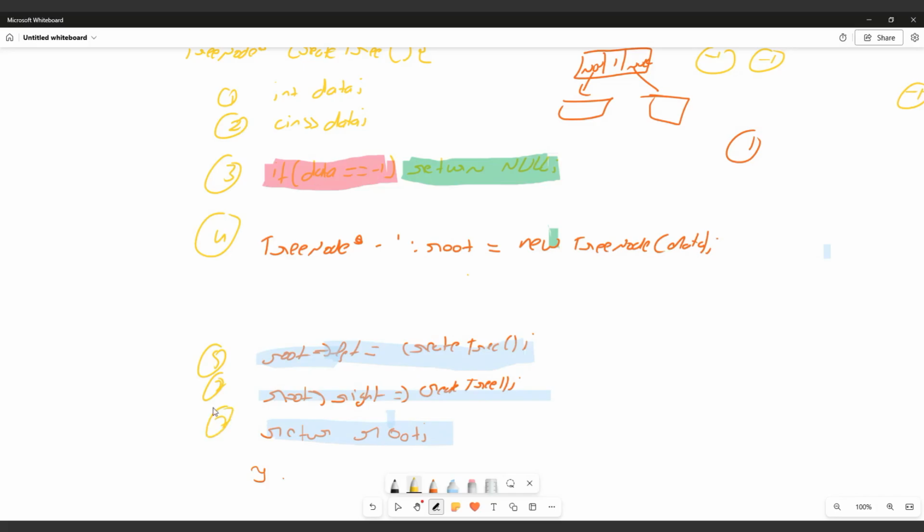Class, is it clear up to this point? Guys, write clear, all of you, in the chat box if this is clear, how we are creating a tree. Guys, write clear in the chat box. Clear, clear.